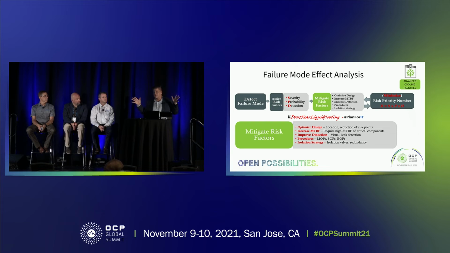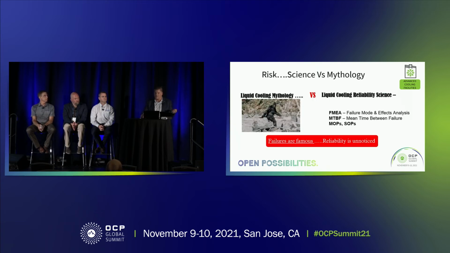So let me pause this real quick. A key aspect of why we're bringing this up, our next discussion set is going to be people talking about leak detection, okay? And if you look at some guidance on data center design, they'll say everywhere you put a pipe, you need to put leak detection. One of the things we're trying to say is you don't want to kill myths by over-designing. A lot of people say one of the key challenges of liquid cooling is it's too expensive. It's too expensive if you over-design it.